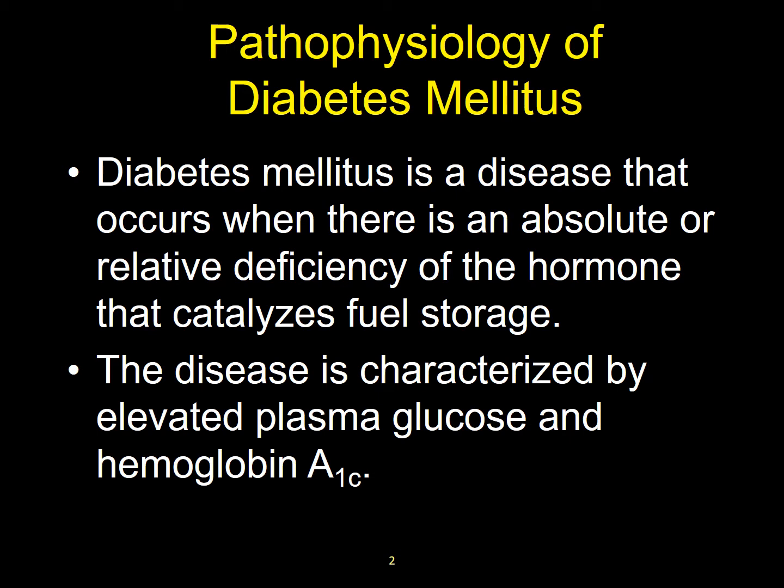The hemoglobin A1C gives you a view of what the average estimated glucose has been over the last several months. So it's an entirely different measure. This is what we use in the outpatient world to evaluate, number one, a diagnosis of diabetes, and then to evaluate glucose control.